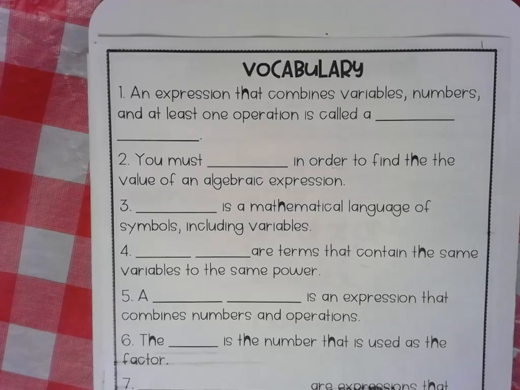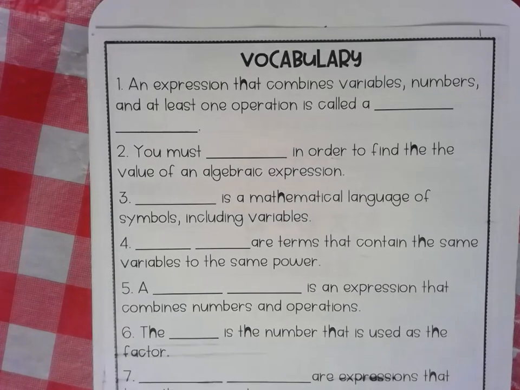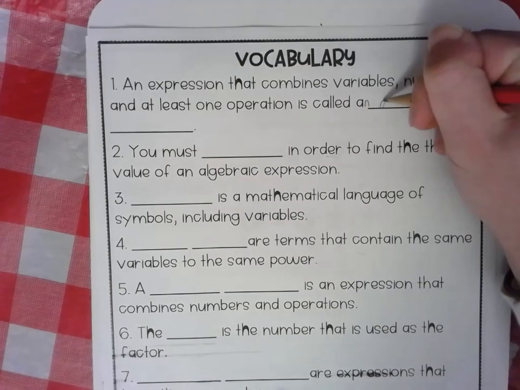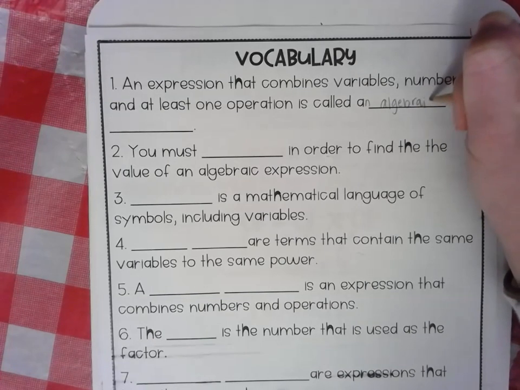After the Chapter 5 test, you should have picked up a pink packet with vocabulary terms from Chapter 6 that you've started to fill out. You can use those vocabulary words to help you fill in this sheet. So let's go through it. An expression that combines variables, numbers, and at least one operation is called an algebraic expression.